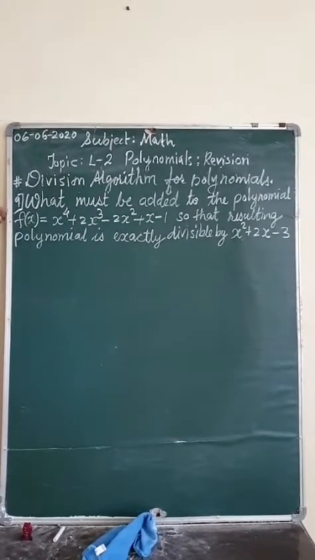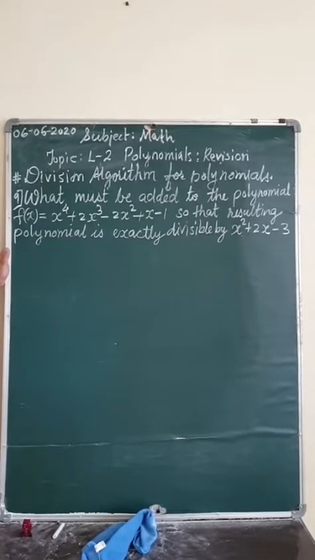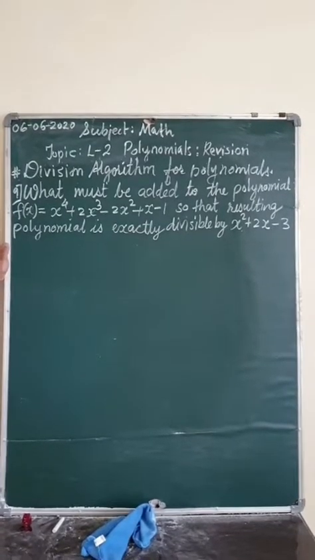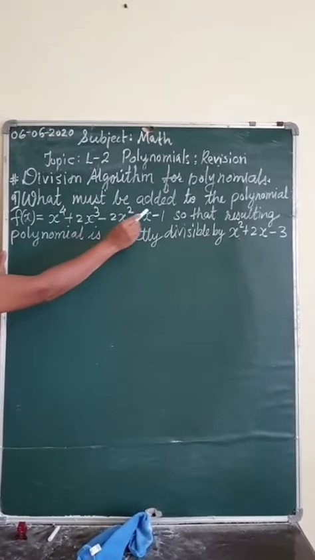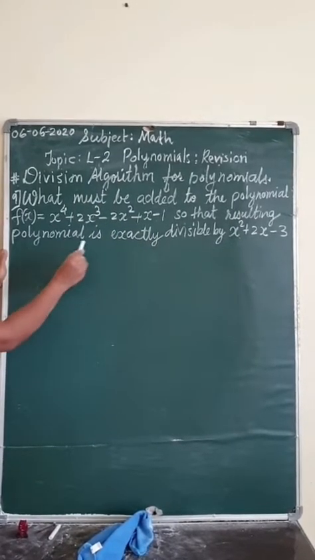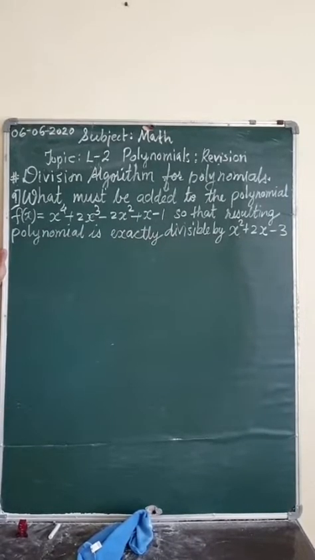Moving to the ninth sum. What must be added to the polynomial f(x) is equal to x raised to 4 plus 2x cube minus 2x squared plus x minus 1 so that the resulting polynomial is exactly divisible by x squared plus 2x minus 3.